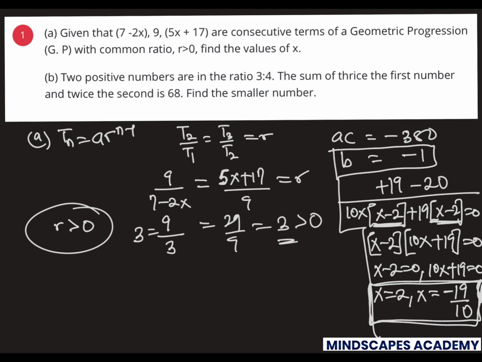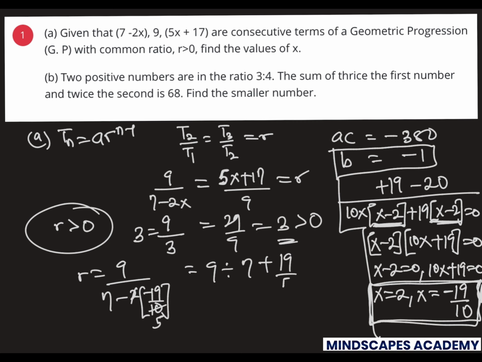Now when x is negative 19 over 10, r equals 9 over 7 minus 2 times negative 19 over 10, which is 9 divided by 7 plus 19 over 5.